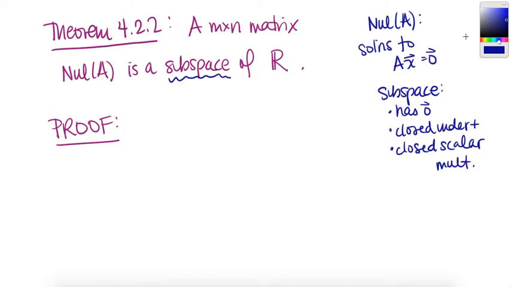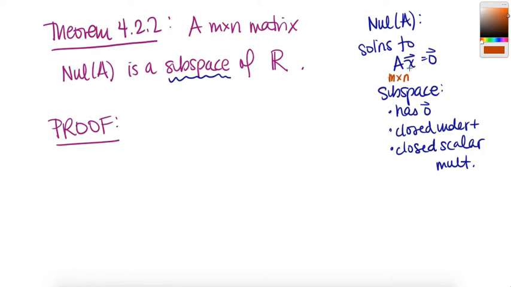All right. First things first, though, you might have noticed A is an m by n matrix. Null A is a subspace of R what? What dimension goes here? It's not just R, because it's vectors. Things in the null space are solutions to this equation.